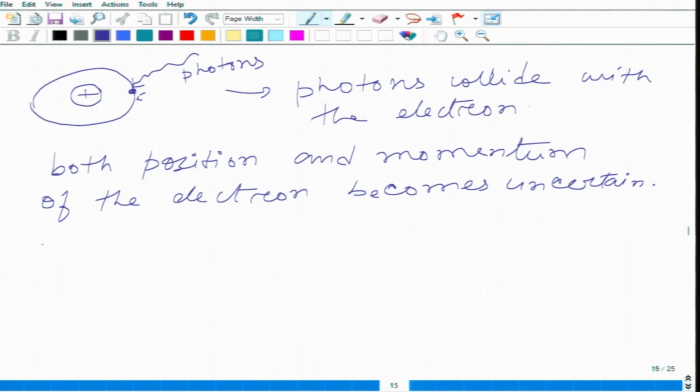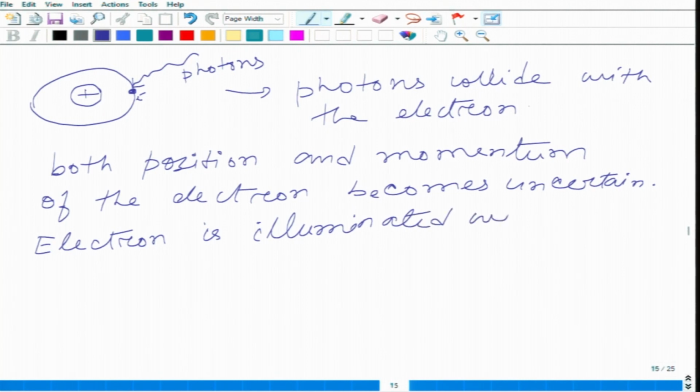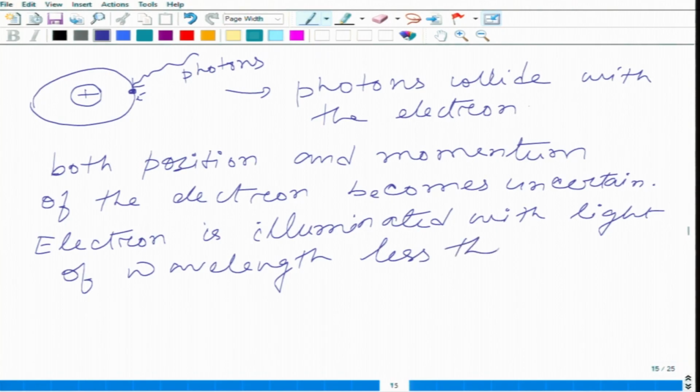Let's say when the electron is illuminated with light of wavelength less than the dimension of electron.